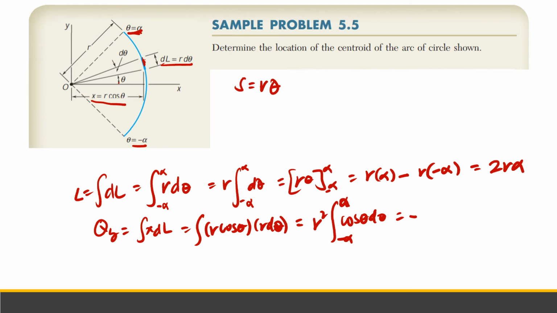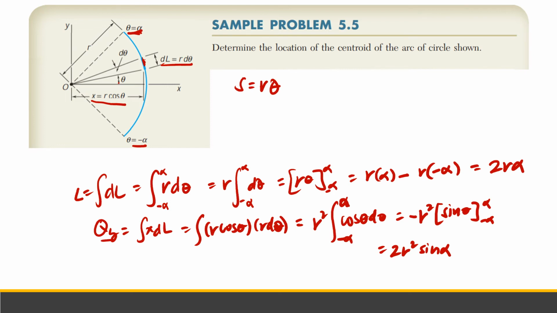So ang sagot natin is magiging r squared sine theta from alpha to negative alpha. So if you evaluate this, magiging 2 r squared sine alpha, no? So yan yung Qy natin. So that is for the Qy.